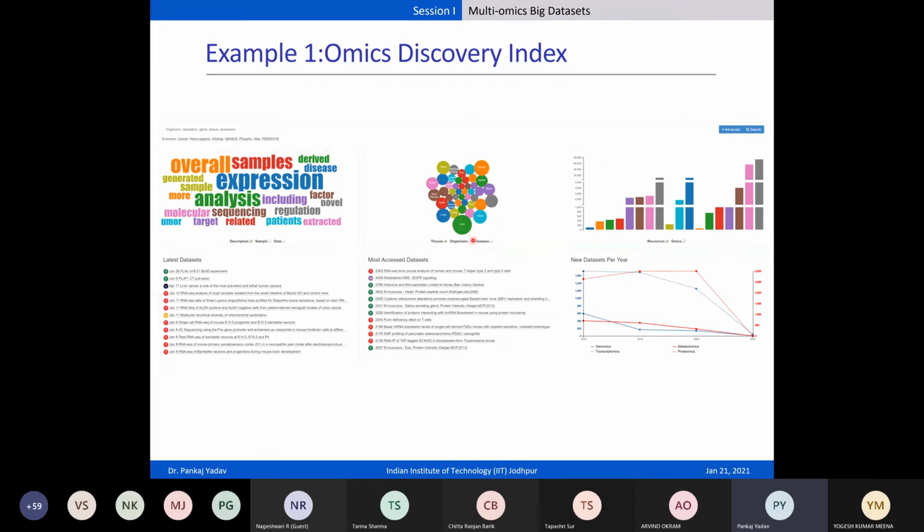Similarly, you can look for organism-specific data, or disease-specific data such as different cancers. They keep themselves very updated, and they also keep highlighting on their homepage what new data has come to this repository.